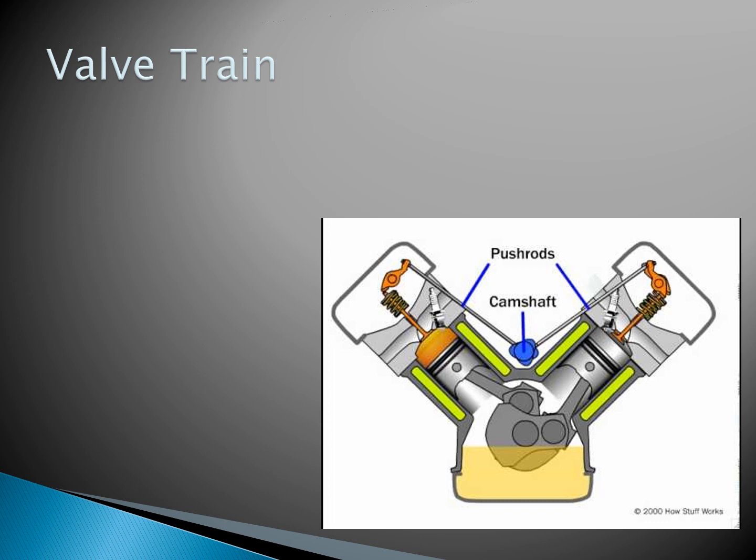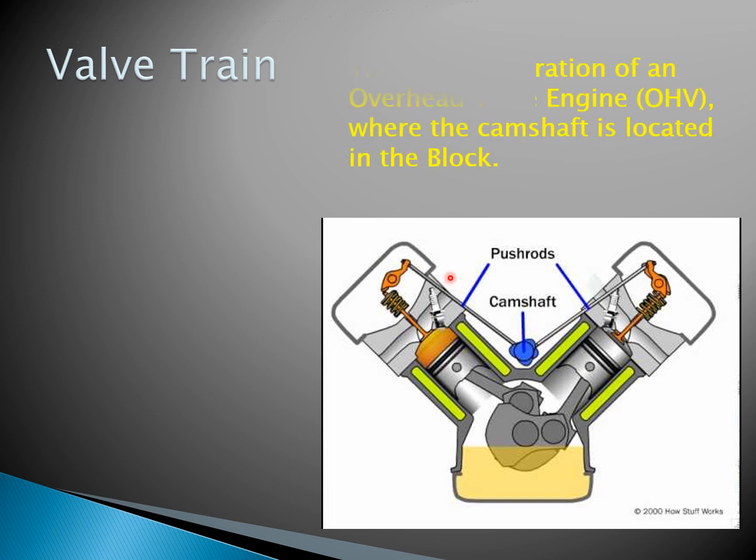Okay, so we're going to talk about the valve train. This is an illustration of an overhead valve engine, and everything that we know today is overhead valve. The valves are up here on the top, overhead, and that's going to be the same whether it's called an overhead valve engine or an overhead cam engine.